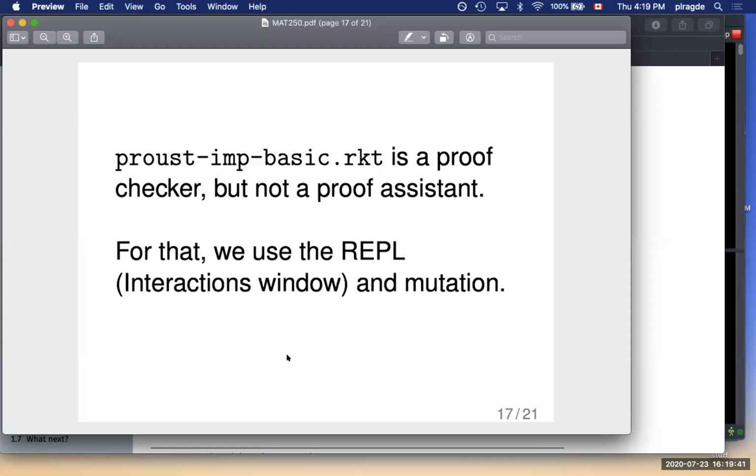And interaction means some user interface, and user interfaces are complicated. They're hard to code. They're hard to understand. They're hard to design. We want a quick, dirty, simple, silly program. We don't want to do all that stuff. But we have Racket, and we have DrRacket. And DrRacket has the interactions window, the read-evaluate-print loop. So that's what we're going to use to interact with the proof checker to turn it into a proof assistant.